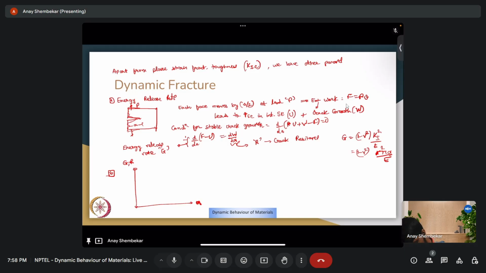So you can see that G is proportional to A from this expression, whereas the resistance to crack growth, A1 is the crack length, this is the resistance R. When G equals GIC, crack starts to grow.